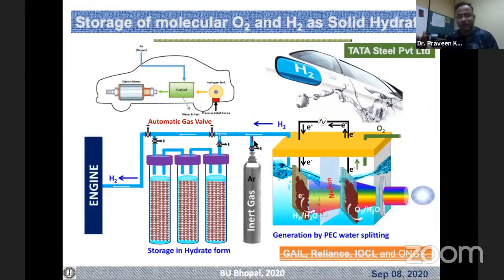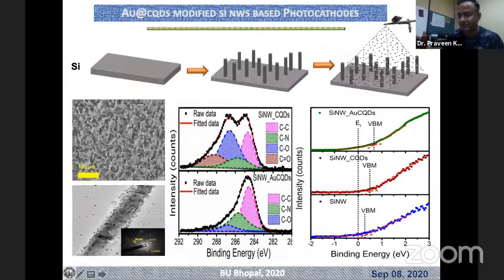Further, we have worked on silicon, because silicon is going to be the foremost technology, since it is very well established and very cheap. We tried to understand silicon as a photocathode. We tried to find some heterostructures like carbon quantum dots and chlorophyll, and we were able to achieve a very good heterostructure, which is not only efficient but also has very efficient charge transport.